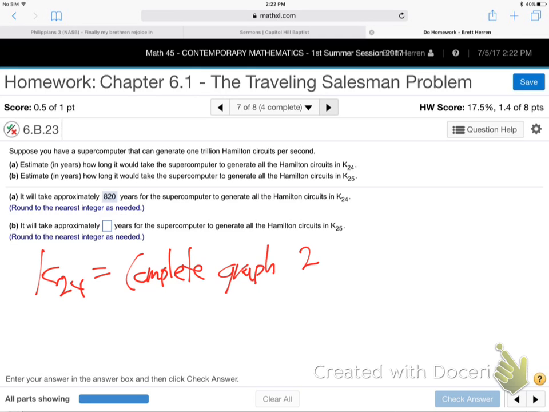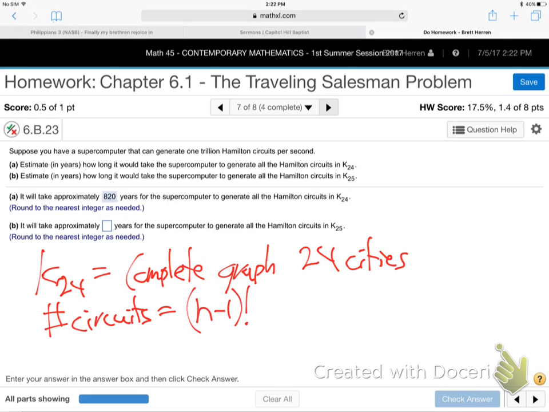Complete graph, 24 cities, right? So what are the number of circuits that are possible? What are the number of loops that are possible? What's the formula we just learned? N minus 1 factorial, right? That's going to be 24 minus 1 factorial, meaning 23 factorial.